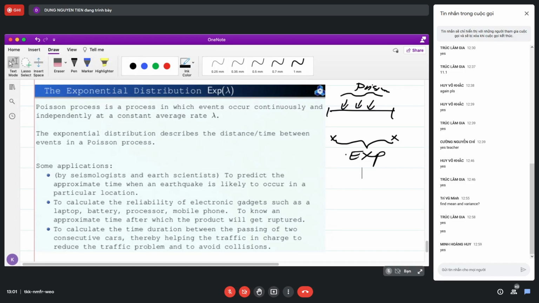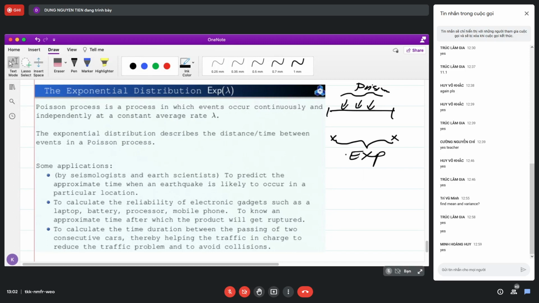Or you can use it to calculate the reliability of electronic gadgets, such as a laptop, battery, processor, mobile phone, etc., and it can help you know an approximate time after which the product will fail. Or you can use it to calculate the time between the passing of two consecutive cars, thereby helping the traffic in charge to reduce traffic problems and avoid collisions.